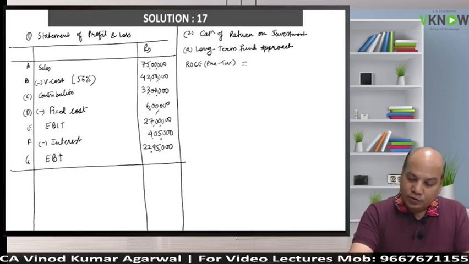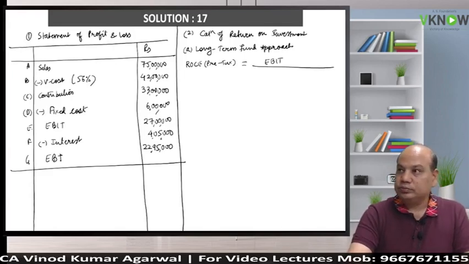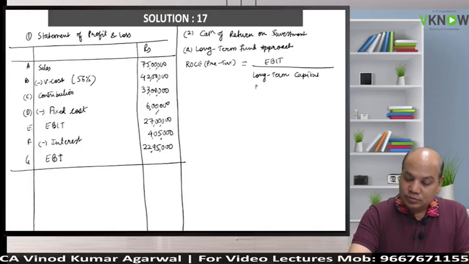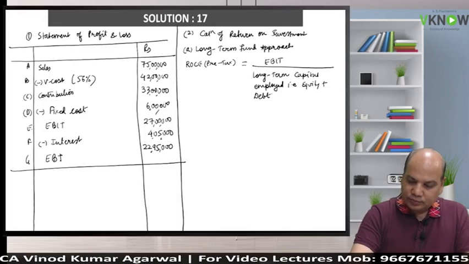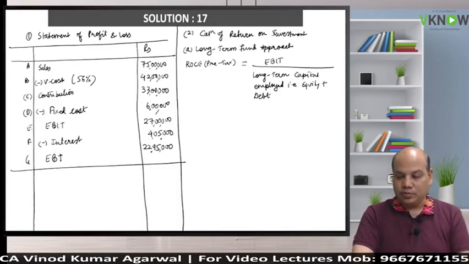And the formula for this is EBIT upon long term capital employed. Long term capital employed, that is equity plus debt.